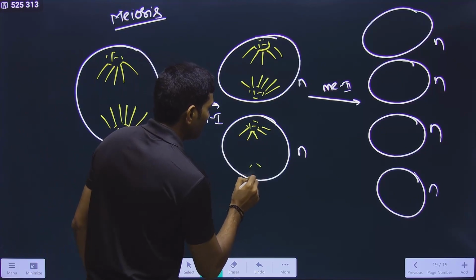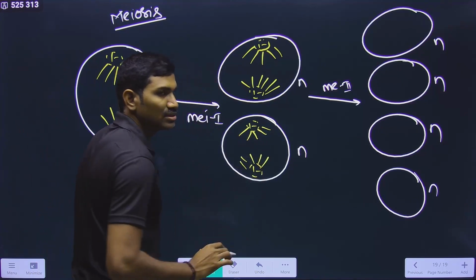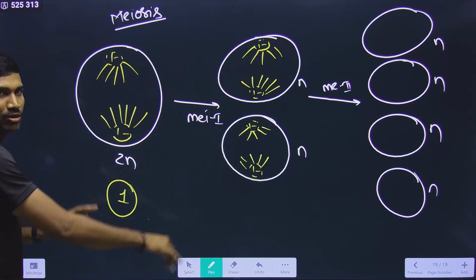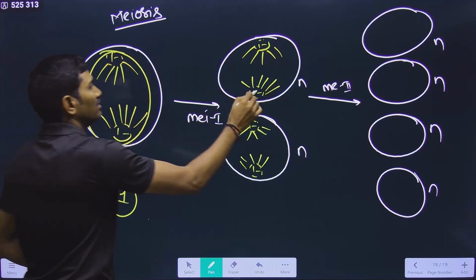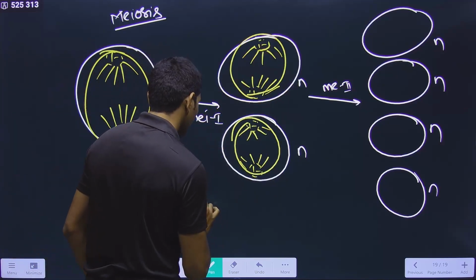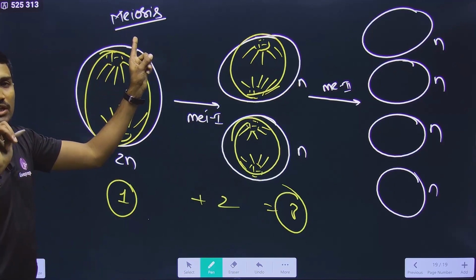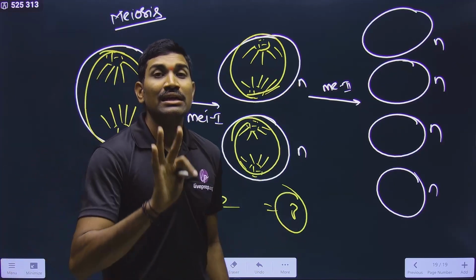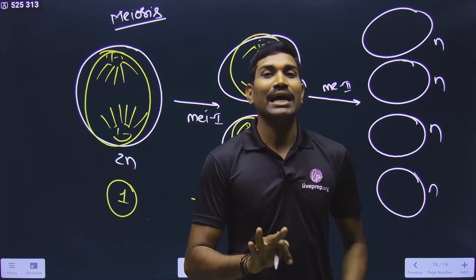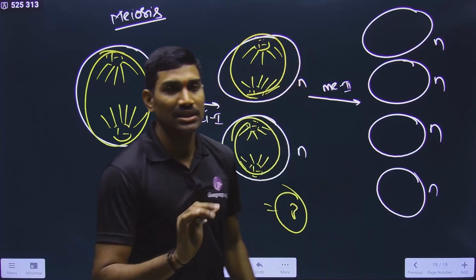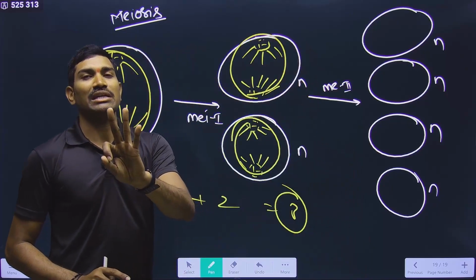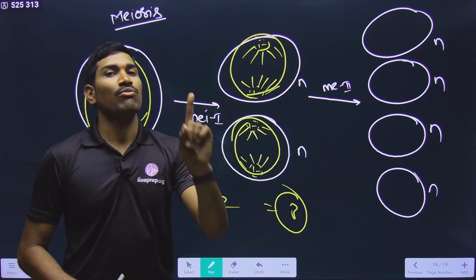Now overall how many? In this it is 1, in this it is 1, in this it is 1. So 1 plus 2, total 3. So in one meiosis, how many spindle apparatuses? 3 spindle apparatuses are formed. Please understand this. One meiosis, 3 spindle apparatus. One mitosis, 1 spindle apparatus.